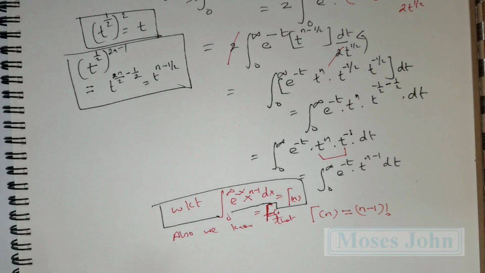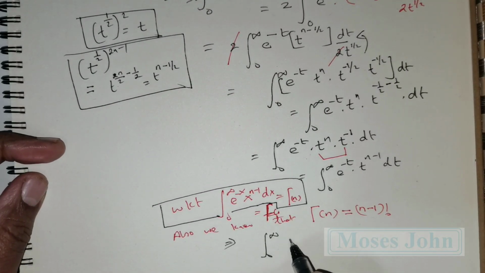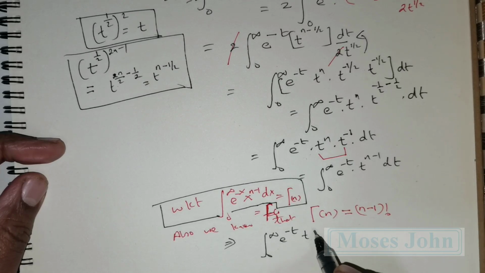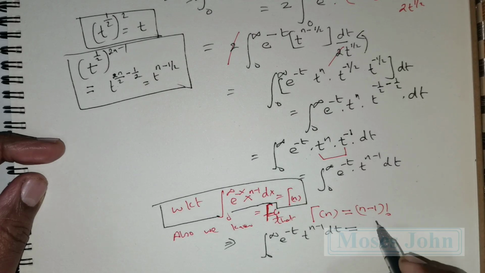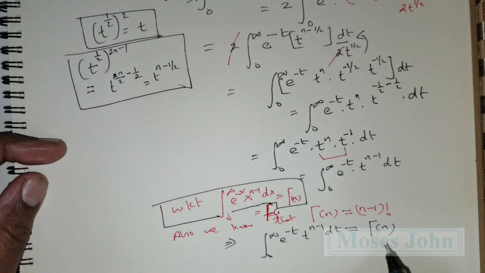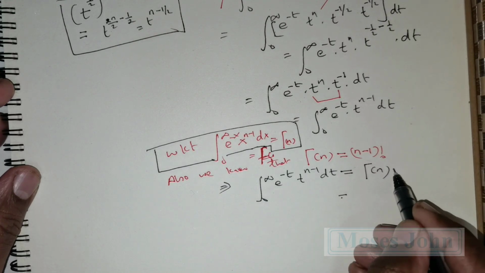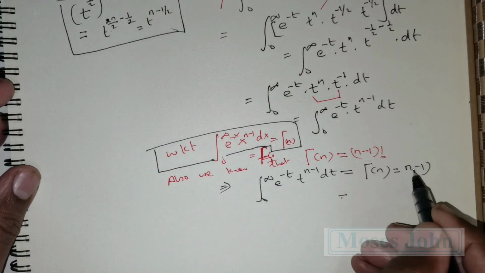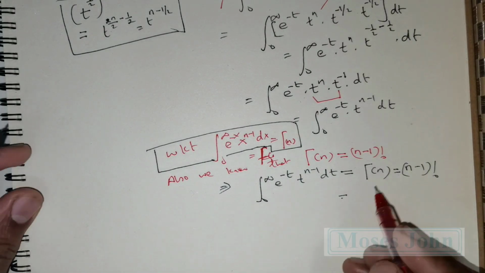So this would mean the integral from 0 to infinity of e power minus t times t power n minus 1 dt is equal to gamma of n. Now you can go one step further, which is equal to n minus 1 factorial. So this can be the final answer.